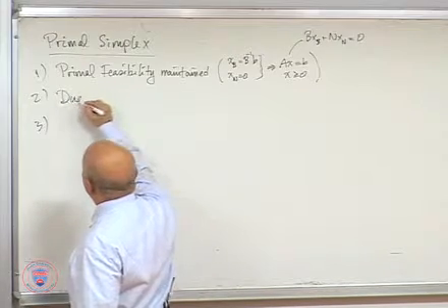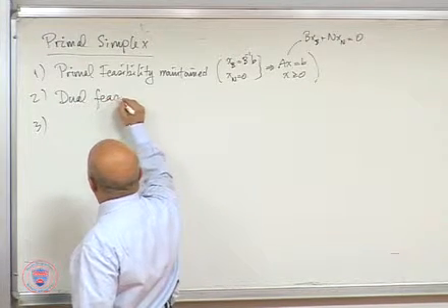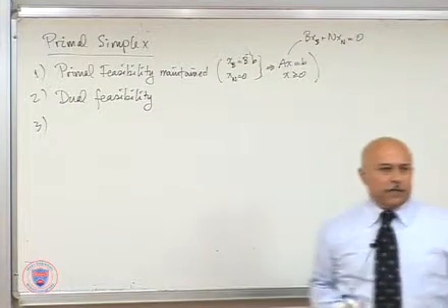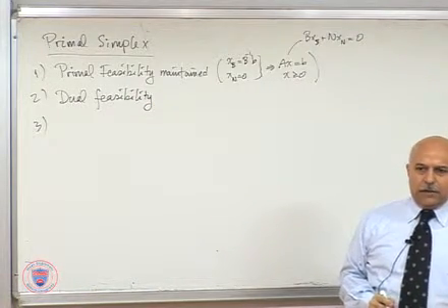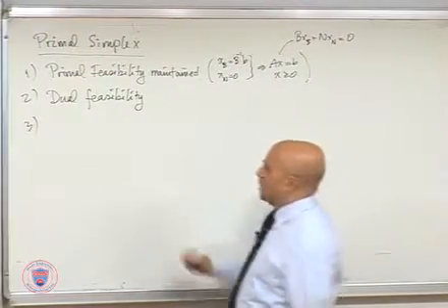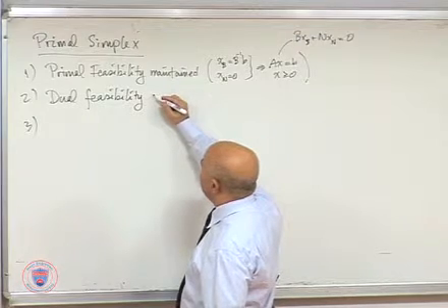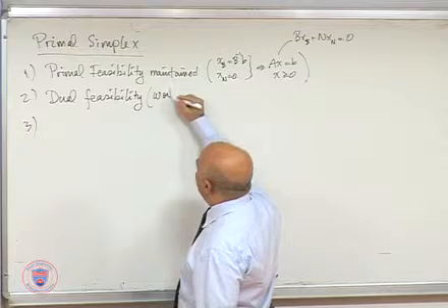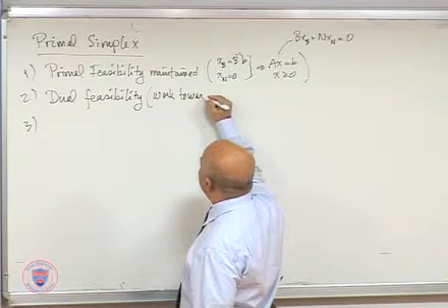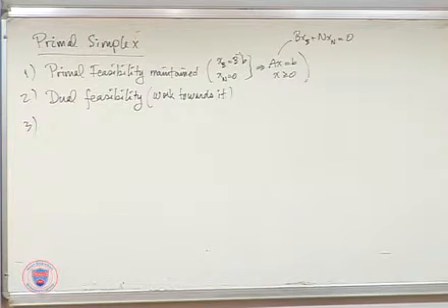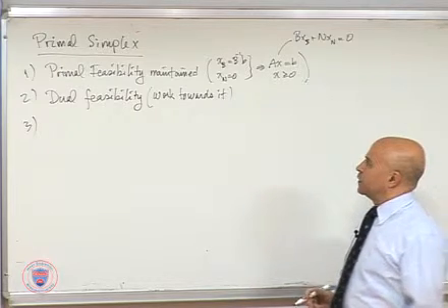The dual feasibility is not satisfied at all until the very end. So at the very end, you actually satisfy that. That's why you stop. So we work towards satisfying dual feasibility, and we never do satisfy that except in the final iteration.